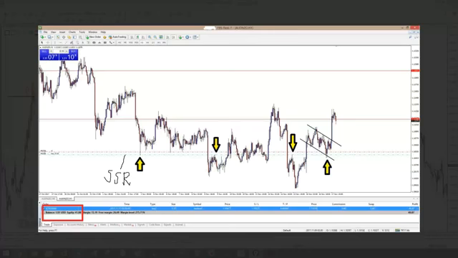And this is my zone, from here straight to here. This is my zone, and the one that I entered is the SSR. So, is there any other trade that I made using SSR?